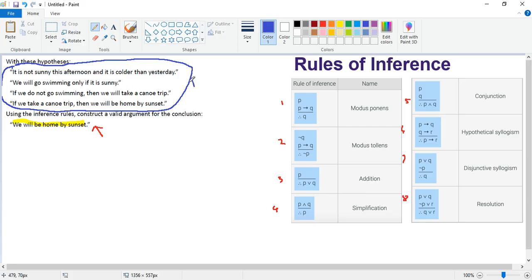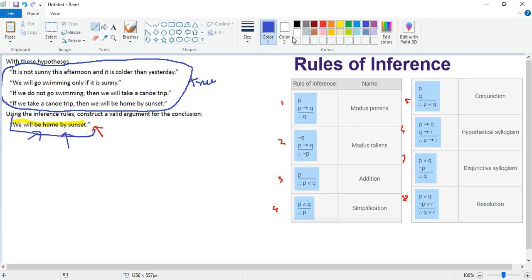So these are assumed to be true, right? And then in the end, you have a conclusion. Now, this conclusion, we don't know whether it's true or not, but the question is saying that we have to use these hypotheses or arguments to help us conclude that this is true. So that's what we have to do.